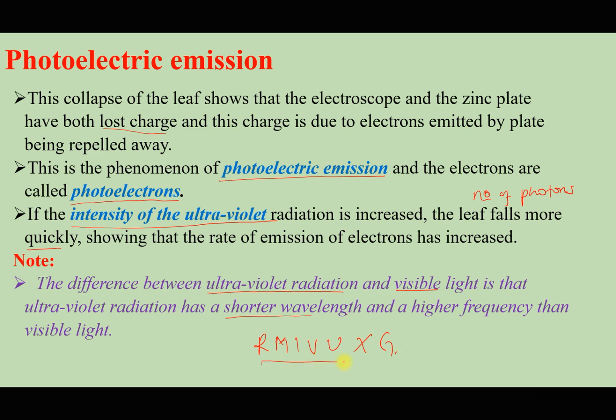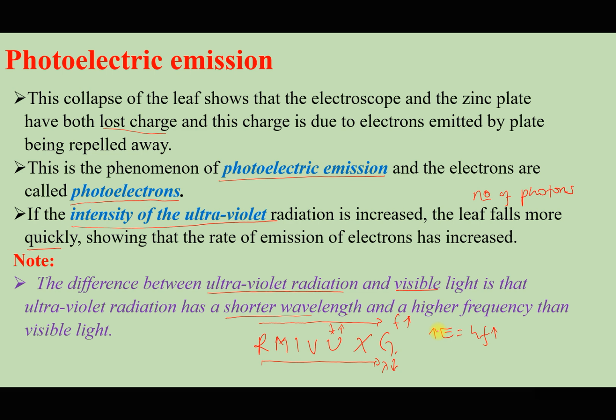Moving from radio waves to gamma rays, the wavelength is decreasing, so ultraviolet has a shorter wavelength. But moving from radio waves to gamma rays, the frequency is increasing, which means ultraviolet has a greater frequency. And remember, the energy of electromagnetic radiation depends on the frequency. So with a higher frequency, ultraviolet has a higher amount of energy.